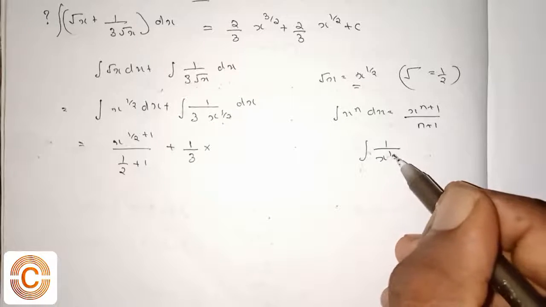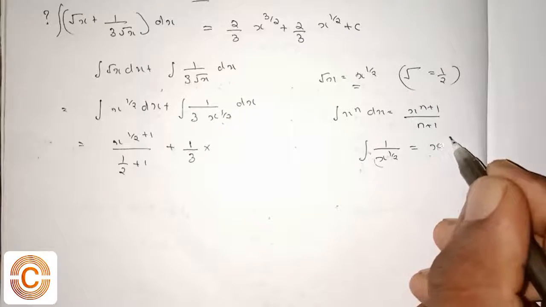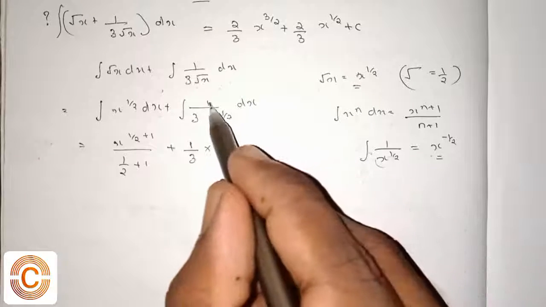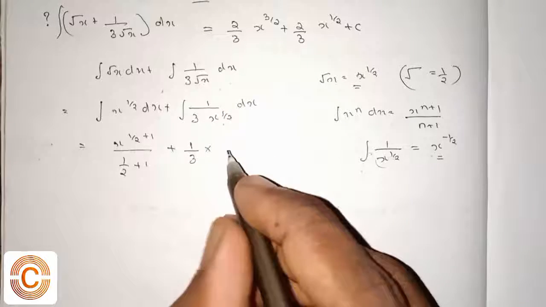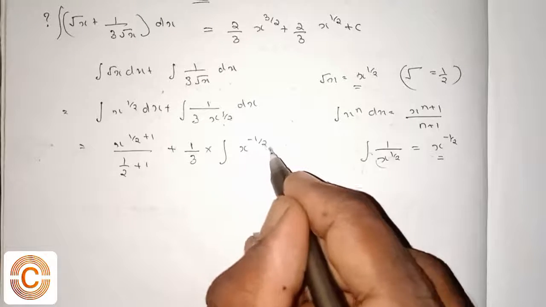That means we can take this denominator into the numerator, then it becomes x raised to minus 1 by 2 here. So put this value for 1 divided by x raised to 1 by 2 here, that is integral of x raised to minus 1 divided by 2 dx.